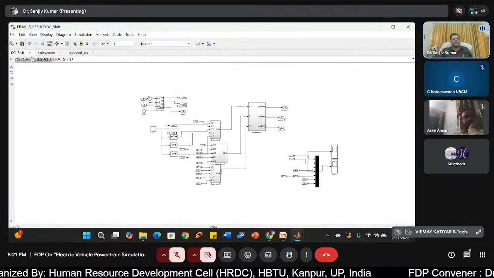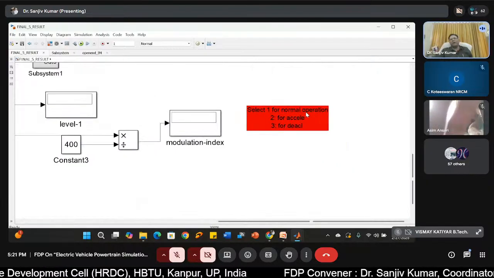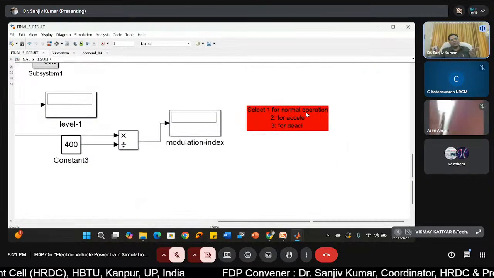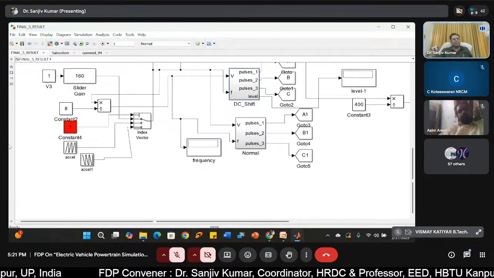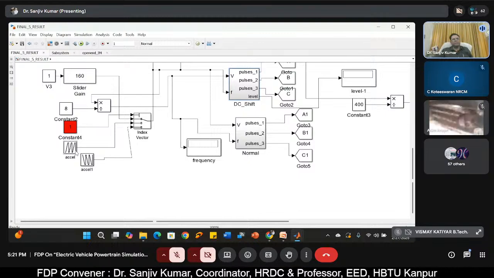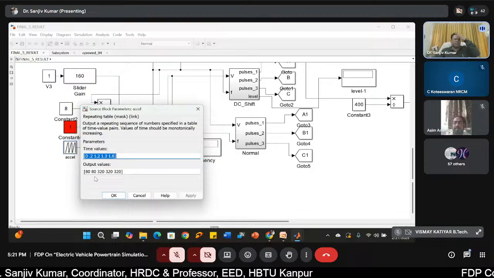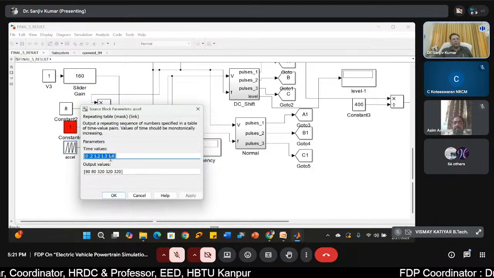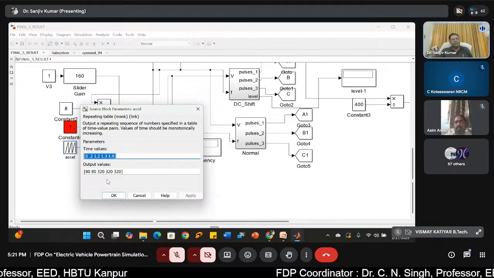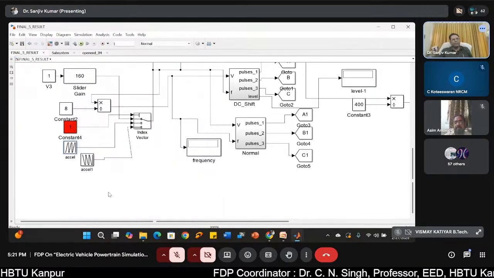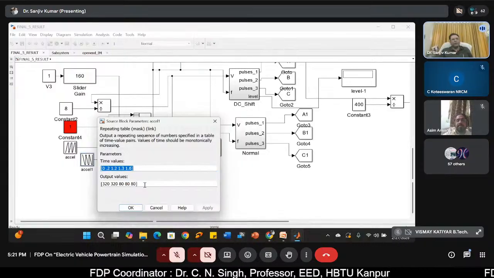Now come to the simulation part, and here again we have used this multi-port switch just to select the mode. Here you can see this is the profile for acceleration. We increase the modulation index from 0.2 to 0.8, and this is for 0.8 to 0.2.